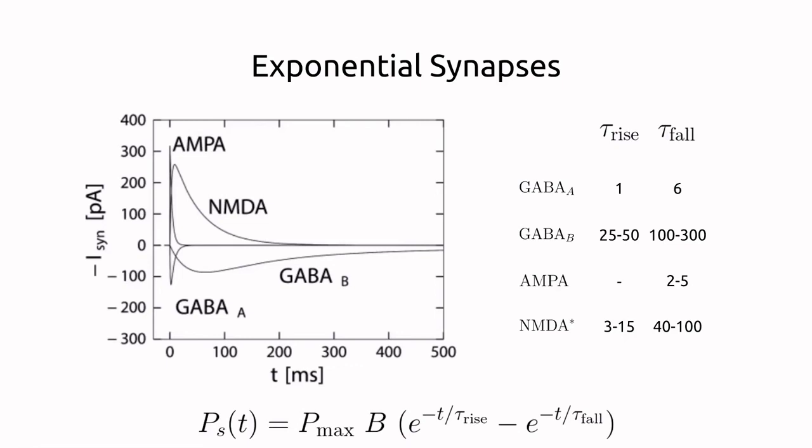So again, it's a useful abstraction. We're losing some of the biological fidelity, but not necessarily the usefulness of the model. Typically, the tau rise can be somewhere between 1 and 10 milliseconds, and the tau fall can be as low as 5 to as high as 100 milliseconds. Again, these are orders of magnitude that we're talking about.